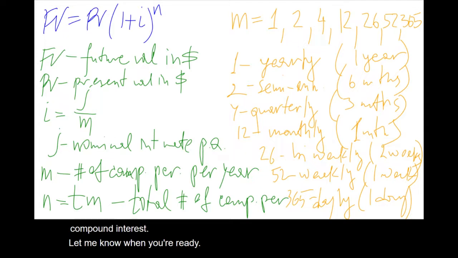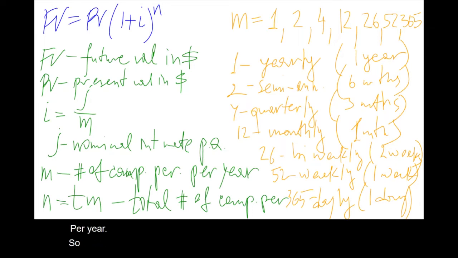J is the nominal interest rate per annum, sort of like R. For simple interest, you had R, right? Here is J, the nominal interest rate per annum, per year.